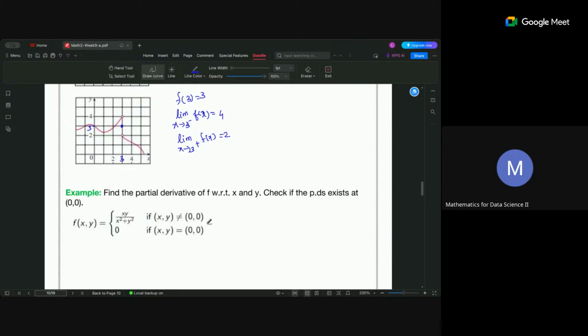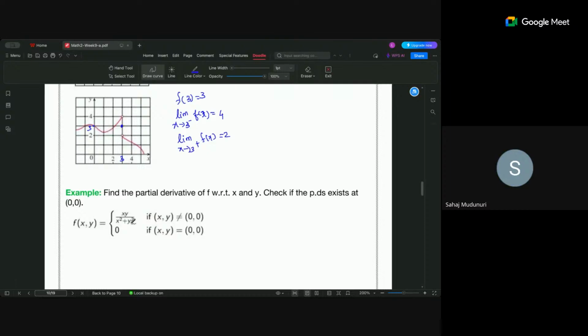You need to use the limit definition of the partial derivative if you are given a piecewise function and one of the pieces is a single point like this. Then for that particular point alone, you need to use the limit definition to find the partial derivative. If you straight away apply the partial derivative rules, you may end up with a wrong answer.